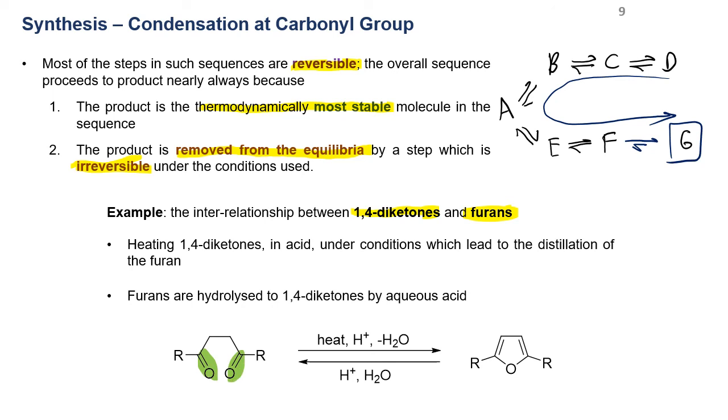In this case, if we remove one molecule of water from 1,4-diketones, you get the formation of furan. And if you add some water to furan under acidic conditions, you can convert it back to the 1,4-diketones. So the equilibrium or the major product can be controlled by the amount of water in the reaction. If you have high amounts of water, you get the 1,4-diketones. If you try to remove water, you get the furan.